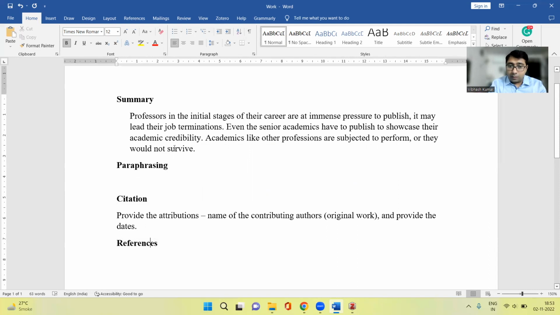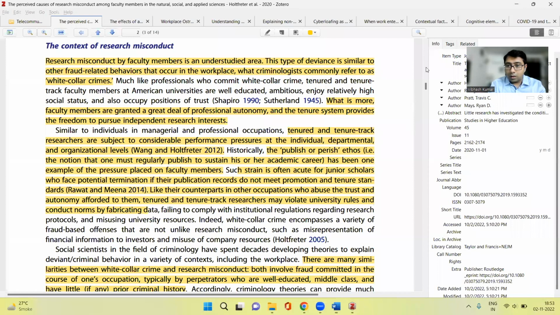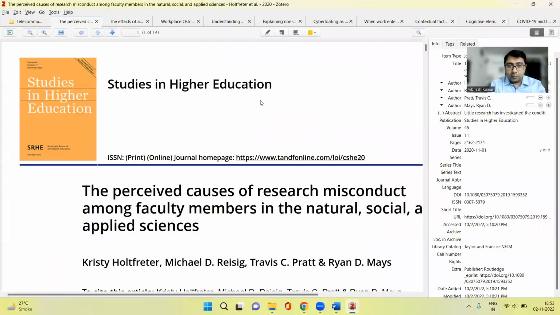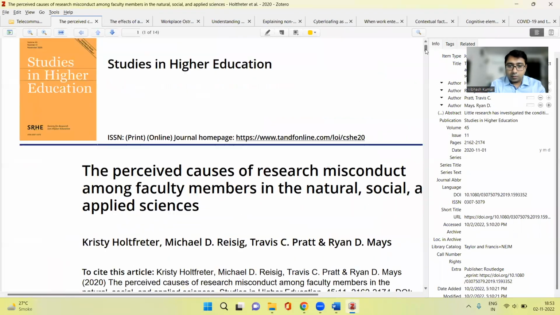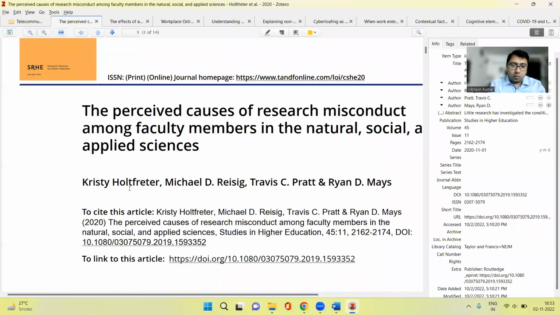So if I paraphrase it and if I don't cite it, it still counts as plagiarism. Okay, so if I have done this work, I have to cite it as well. So I'll have to look into who the authors of the work are. I'll go back and say, okay, this has been published in Studies in Higher Education, and Holtfretter is the first author. Second author is Razek, third is Pratt, and then Mays. Generally we follow a citation style, which I'll be talking about very quickly.